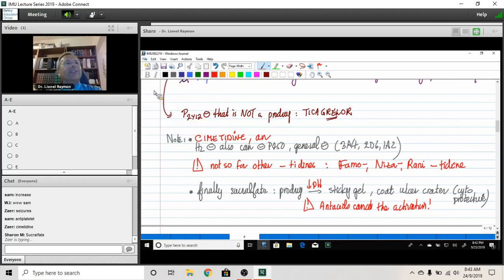Any questions on that? Let's see, Zahir. Will omeprazole reduce the activation of sucralfate since it decreases the pH? Yep. Antacids in general, so anything that would raise the pH is going to interfere with sucralfate.